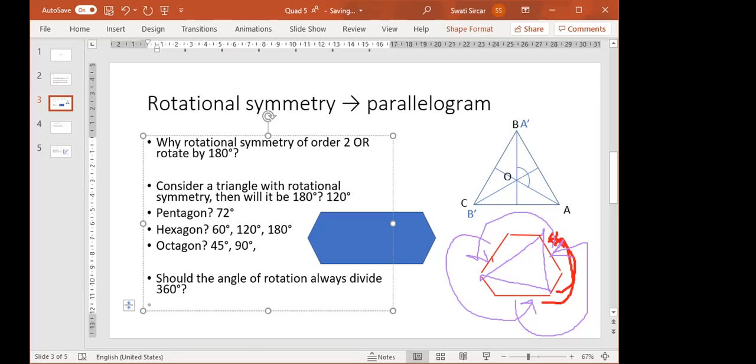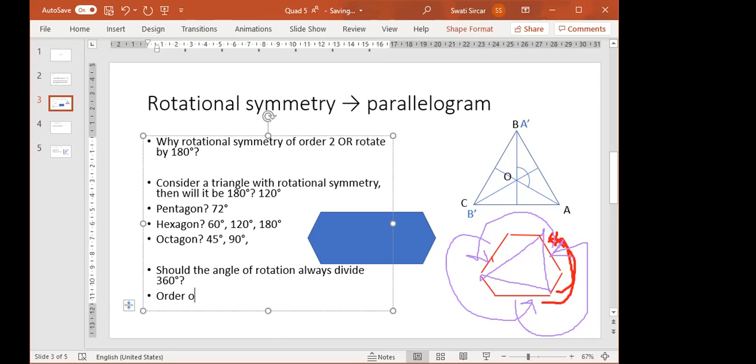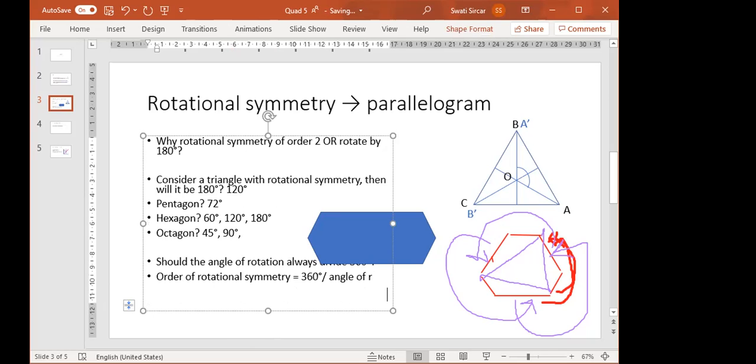So order of rotational symmetry is 360° by angle of rotation, or let's say minimum angle of rotation.